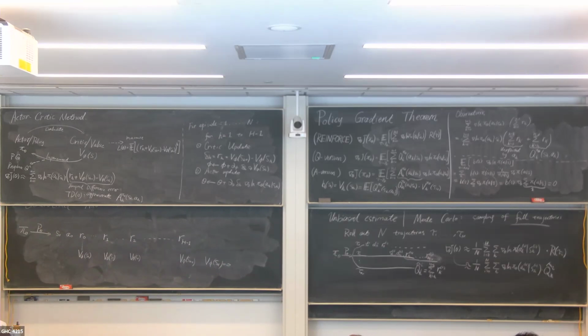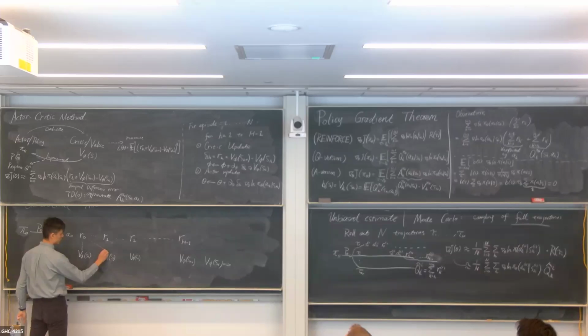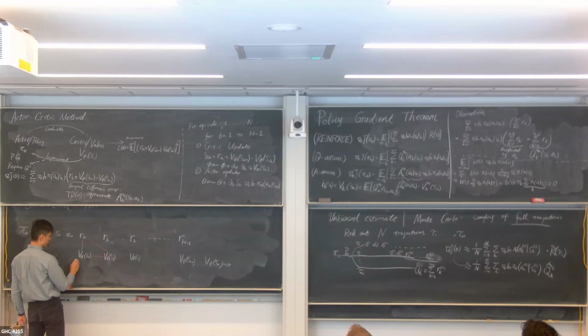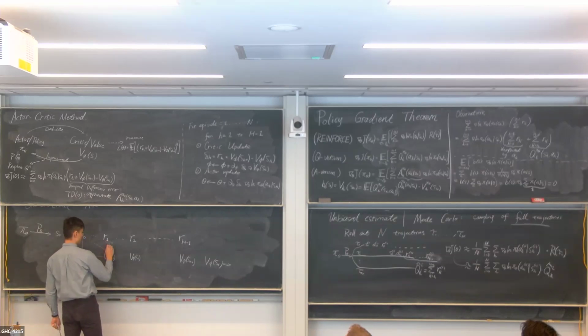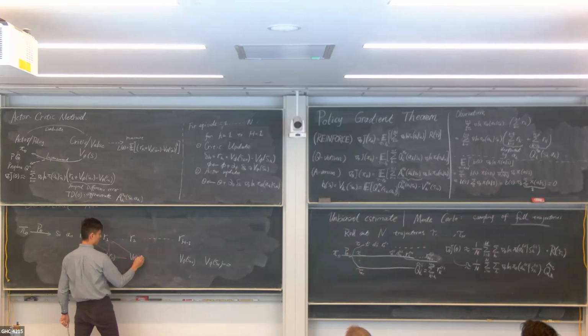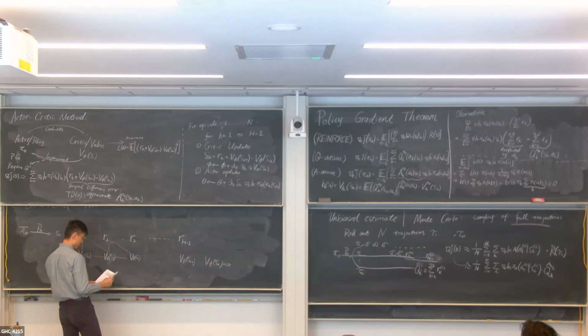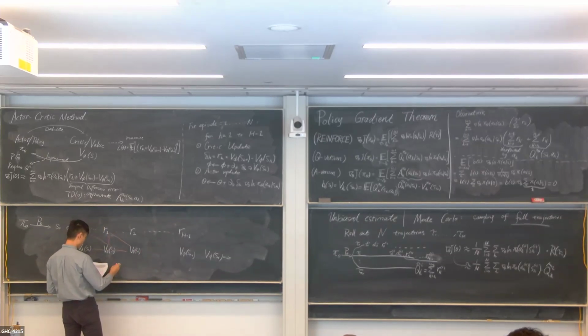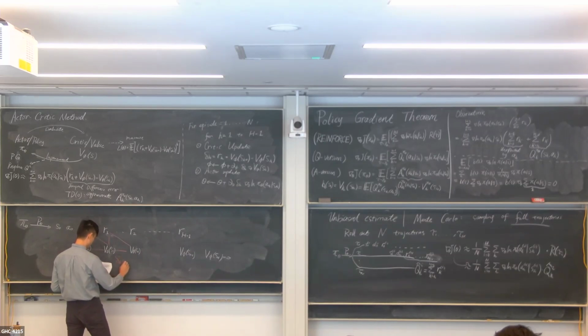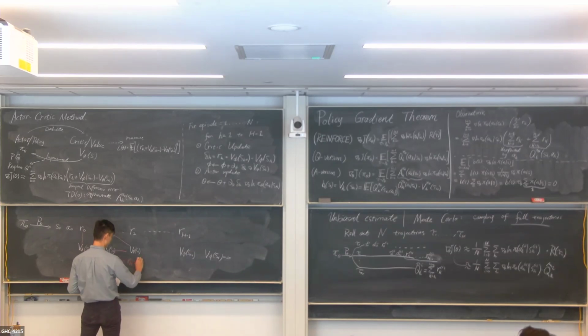So the TD(0), the way you do this temporal difference update, is to relate these quantities, for example these three and so on. This triangle will give you something like delta_H equals R_H plus the next state value.